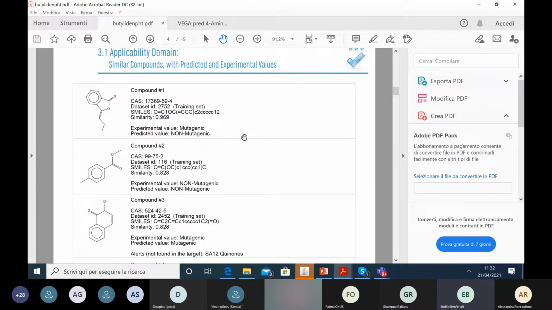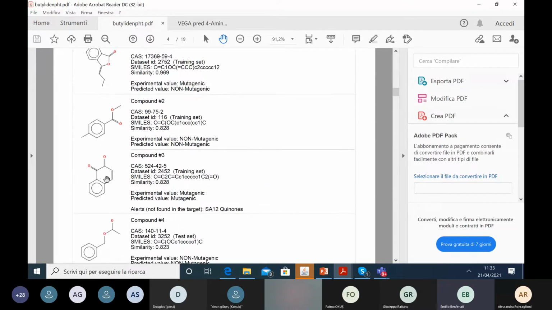But also the model predicts non-toxic, while here I have something which based on the experiment is indicated toxic. And also the concordance is very critical. And then there is another similar compound, well, not so same, 0.82, which is non-toxic and again predicted non-toxic. I have another one.